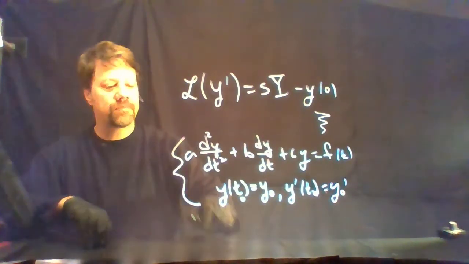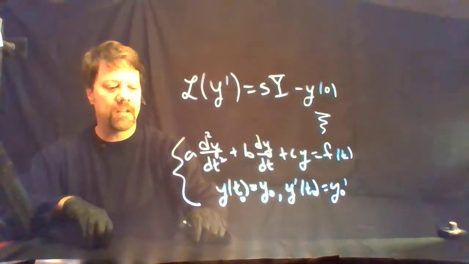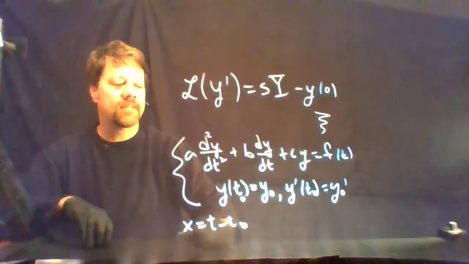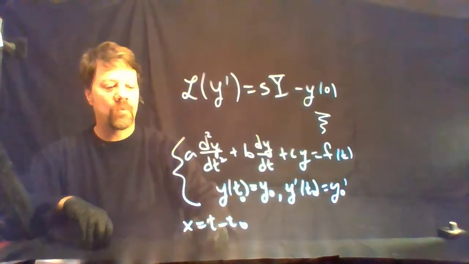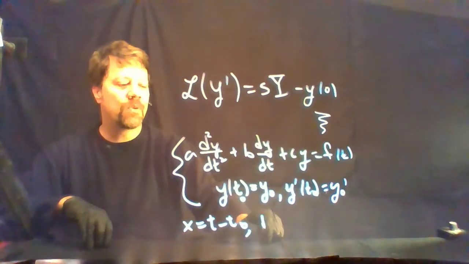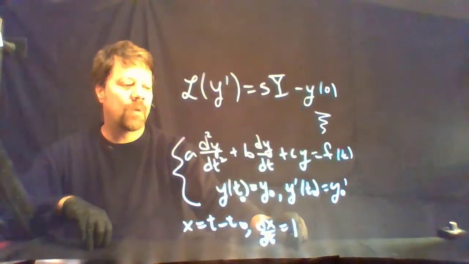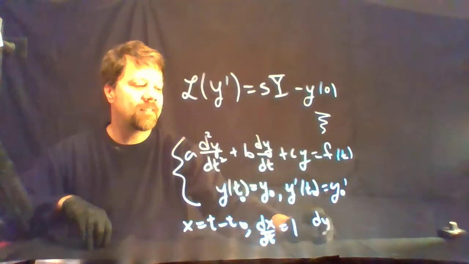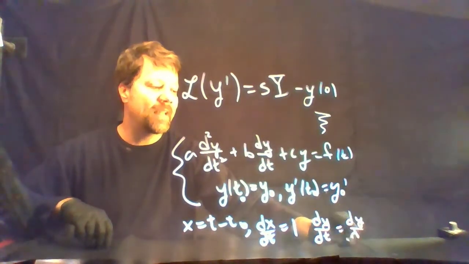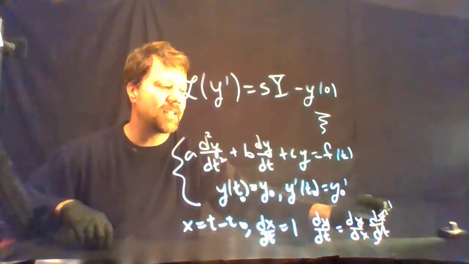All we have to do is change the independent variable. Suppose we set x equal to t minus t naught. Then whenever t is equal to t naught, x is equal to 0. What is more, dx/dt is equal to 1, which means that dy/dt is dy/dx times dx/dt, where dx/dt is simply 1.